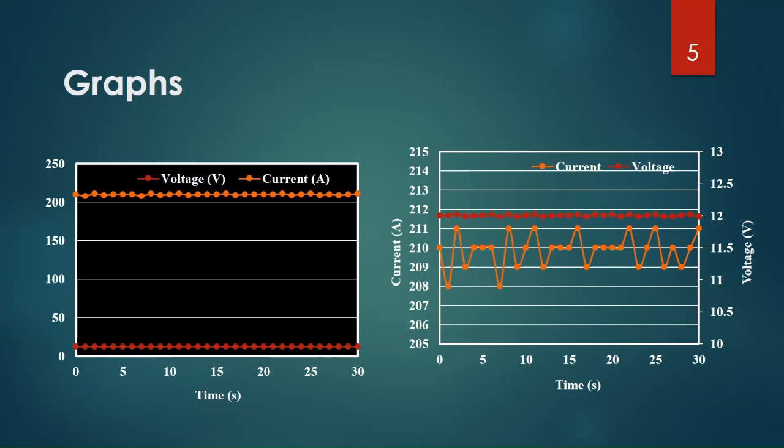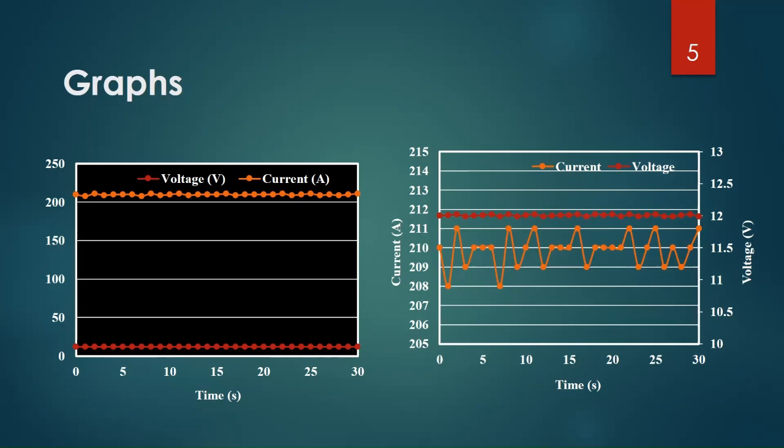When you magnify, you see that the current now varies between 208 and 211. We have a variation, but as you see, the voltage is almost constant.